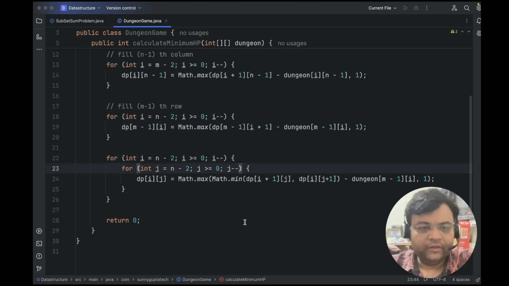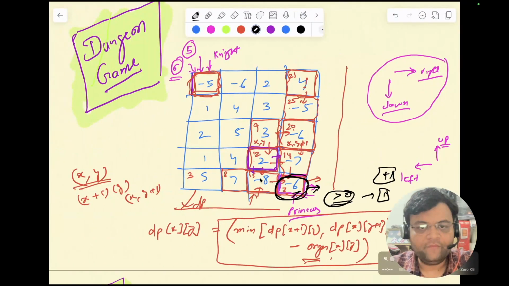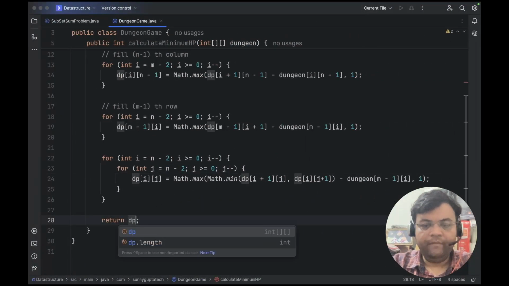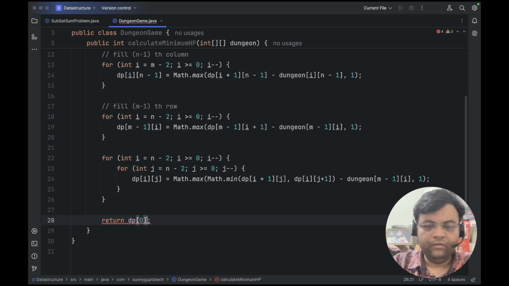This filling is column-wise, right? These, these, then these, and then this, this, this. I should be able to fill in that order. Now I can return dp of 0, 0. That would be my answer.